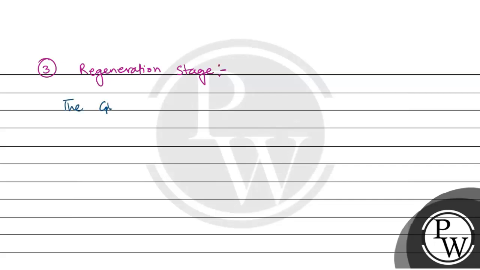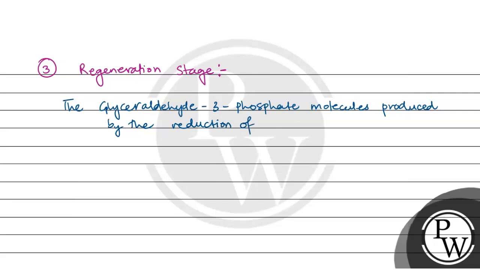Regeneration stage में जब the glyceraldehyde 3 phosphate molecules produced by the reduction of 3-PGA, ये glyceraldehyde 3 phosphates, some are used to produce glucose and some regenerate, or they get recycled to regenerate the RuBP acceptor.